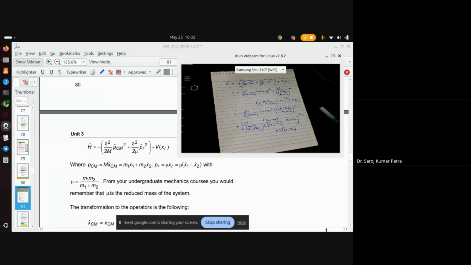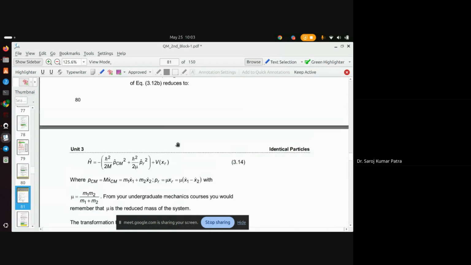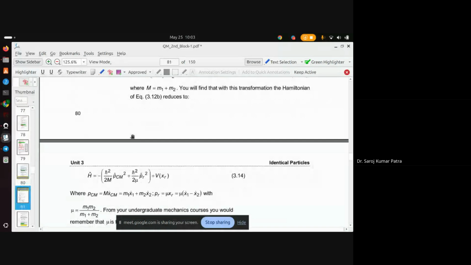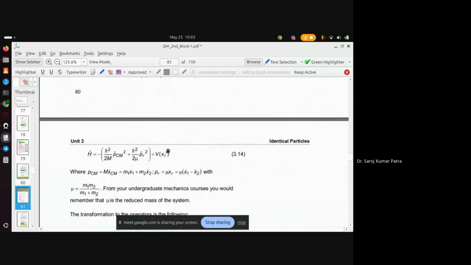We are going in the reverse direction, taking this form, and if we get equation 3.12b, then we are going from 3.14 to this one. If we can reduce it to this one, then it is obvious, right? Otherwise, it looks like a jump from 3.12 to 3.14.